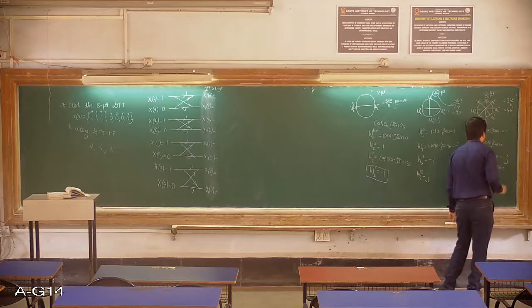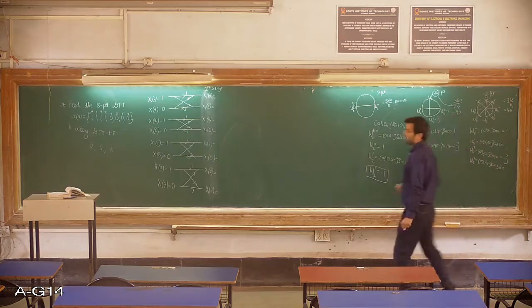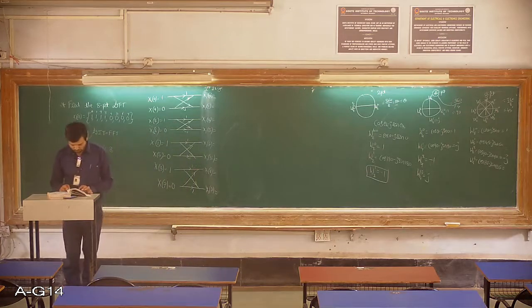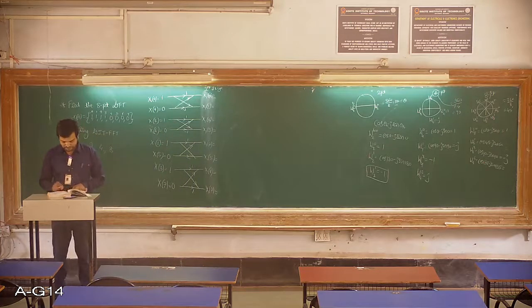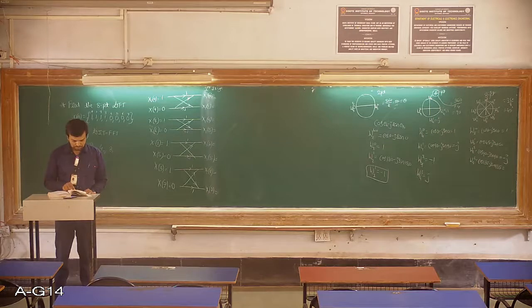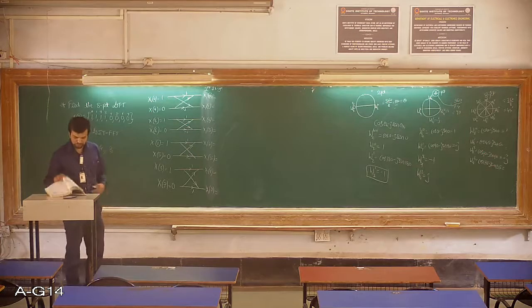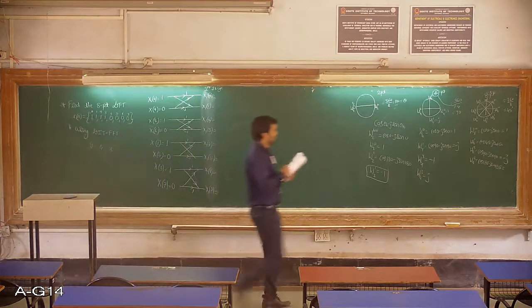Compute the values. Cos 45 minus j sine 45 is 1 by root 2. I will write the values directly.